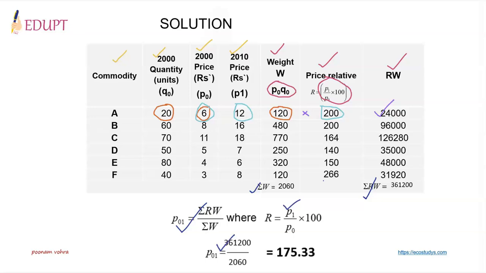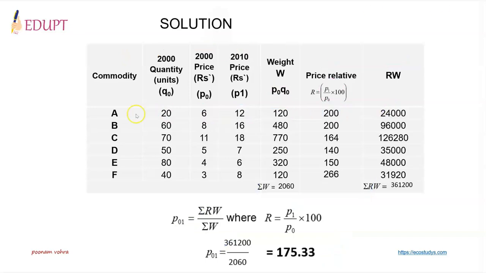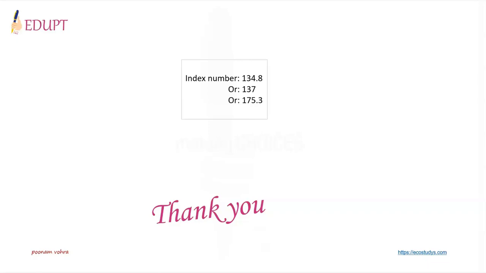Substitute the values, calculate, and you get the answer as 175.33, implying that the prices have increased by 75.3%.